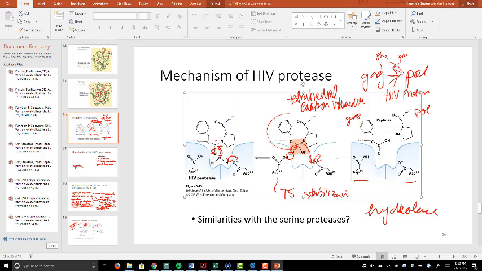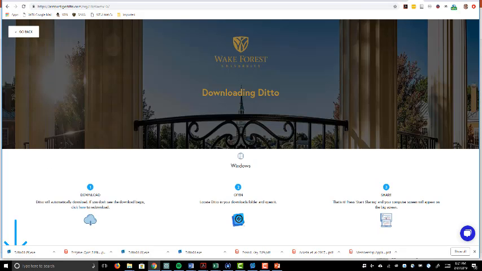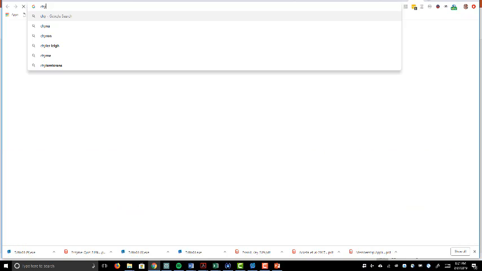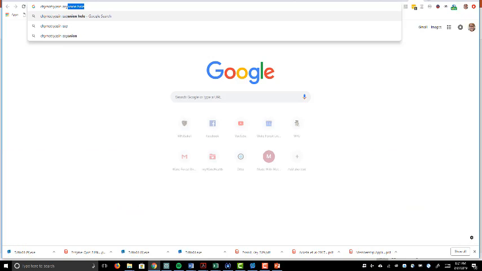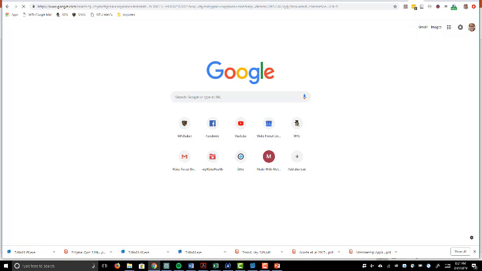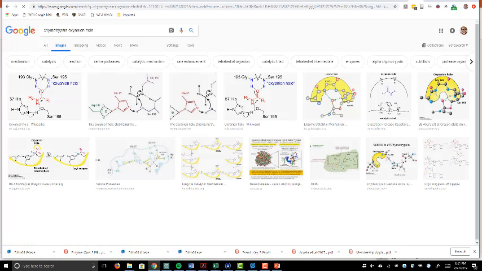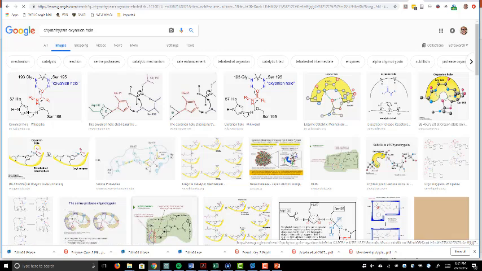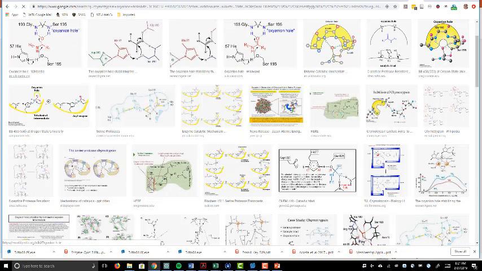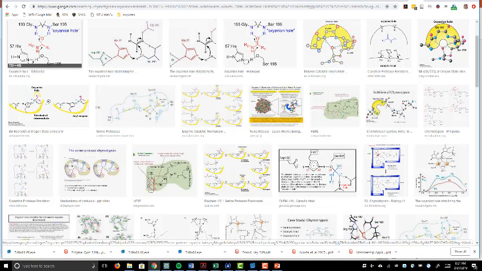All right, so if we go, good old Google, and look up the oxyanion hole of chymotrypsin. What's happening here is, in this case, it has the double bonded O there, but it's going to preferentially interact with the single bonded oxygen with a negative charge, and you have these two amino acids, glycine 193 and serine 195.